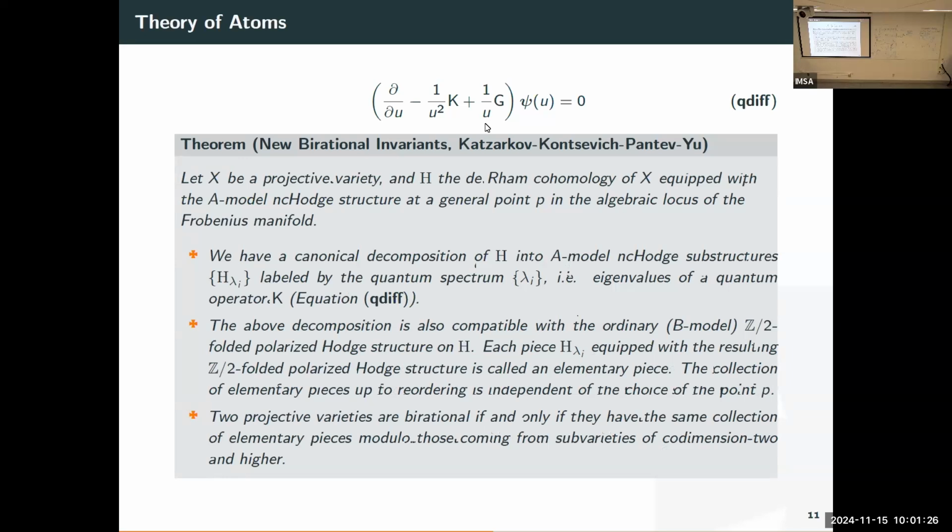So we have this Z2-folded polarized structure on H. Each of these pieces, both as a de Rham and as a non-commutative structure, are called elementary pieces.